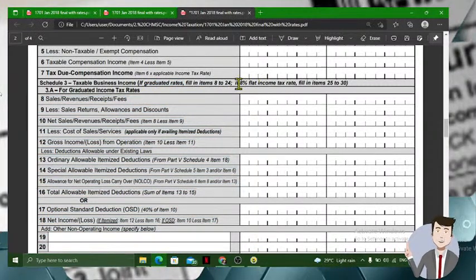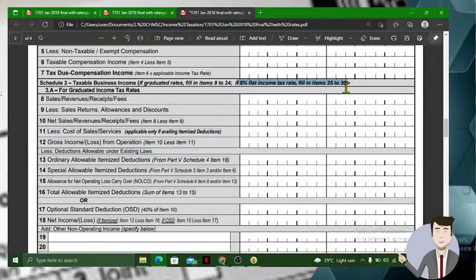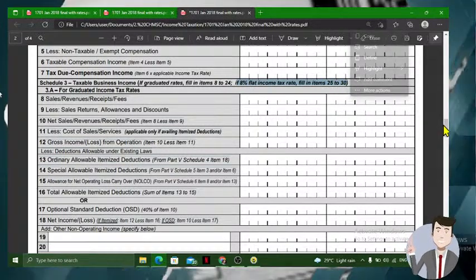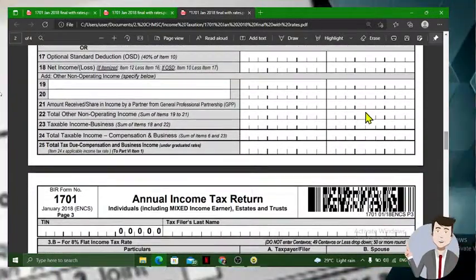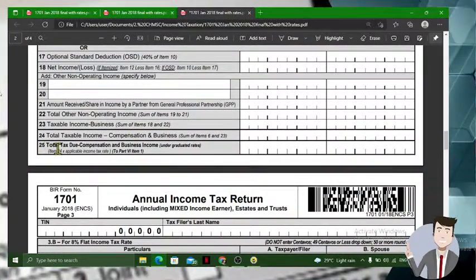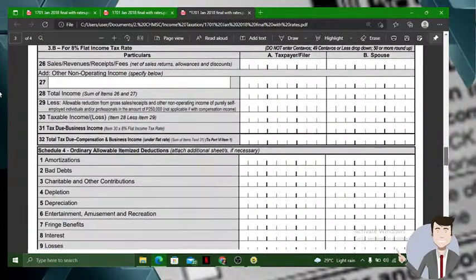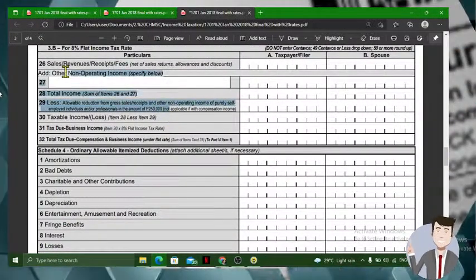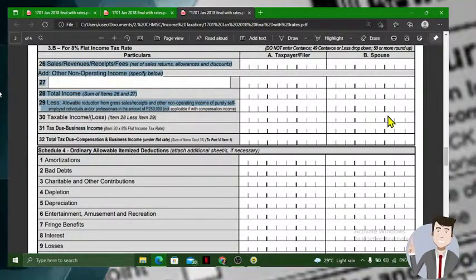If the taxpayer is availing the 8% flat income tax rate, all you have to do is fill up only items 25 to 30. Okay? This one. Items 25 to 30. Okay. The rest you will not fill up if you are availing the 8% flat income tax rate.